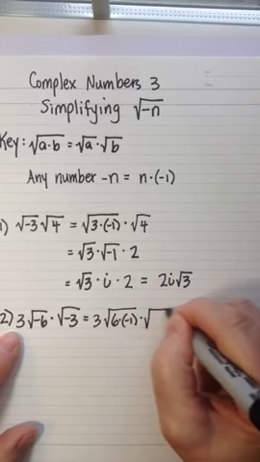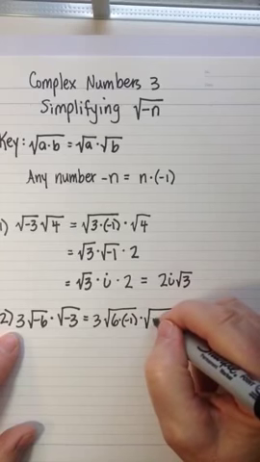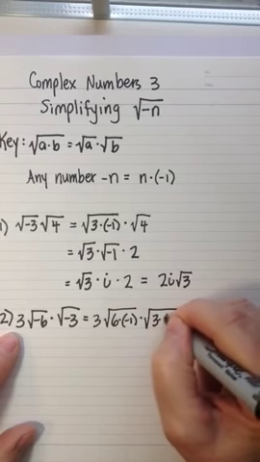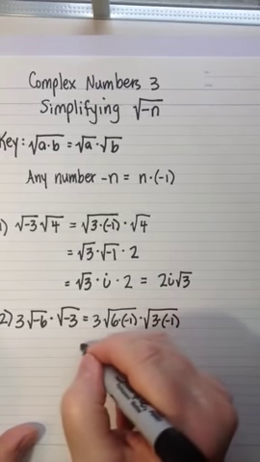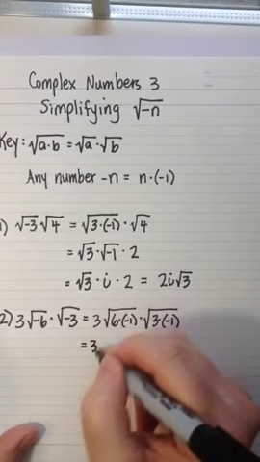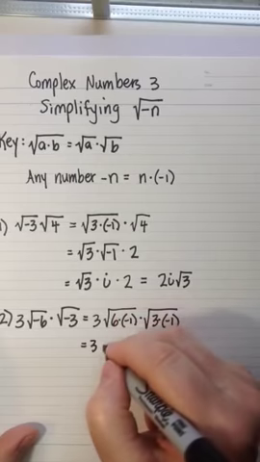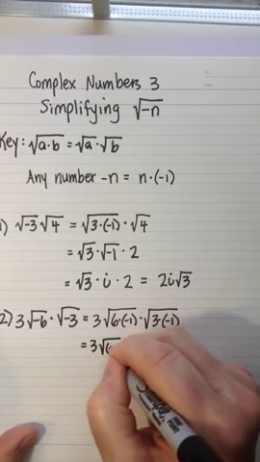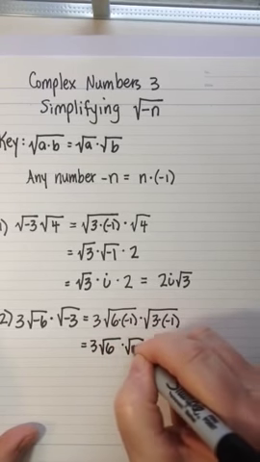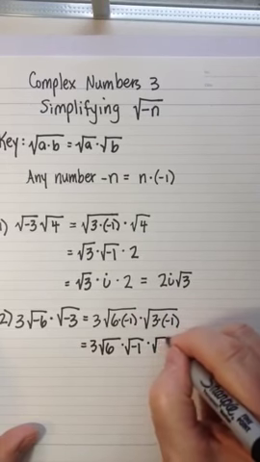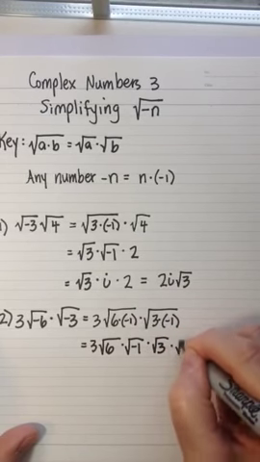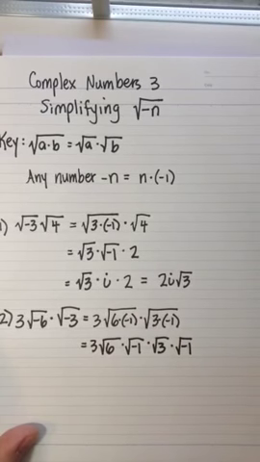And the square root of minus 3 is the square root of 3 times minus 1. So we bring the 3 down. There's nothing more to do with that. We break these apart: the square root of 6 times the square root of minus 1, and then the square root of 3 times the square root of minus 1.